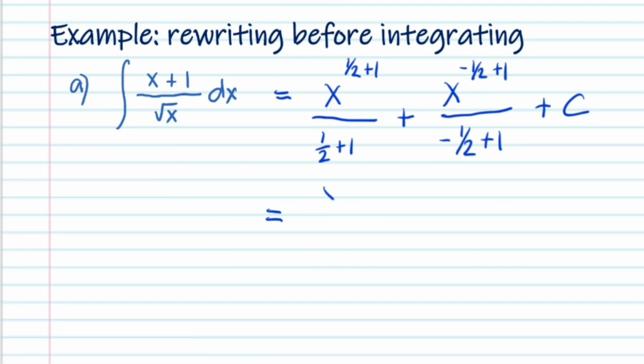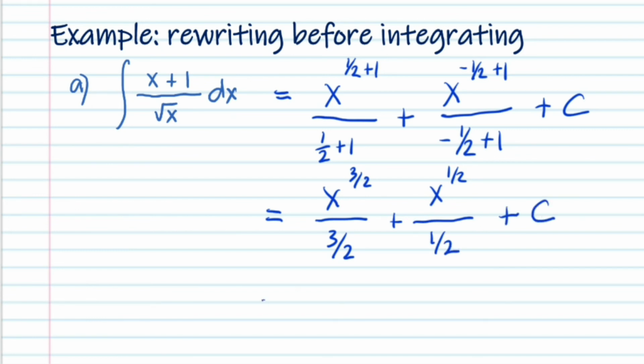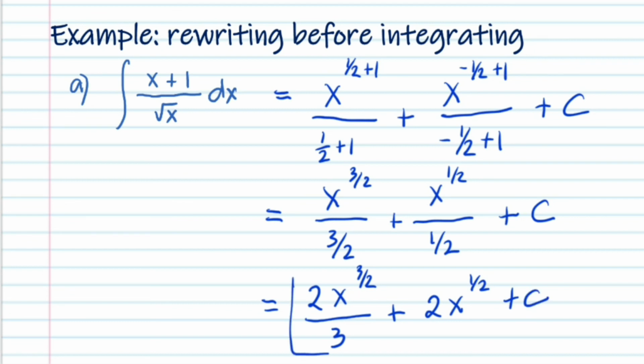So simplify, x to the 3 over 2 over 3 over 2 plus x to the 1/2 over 1/2 plus c. Simplifying, you have 2 x to the 3 over 2 over 3 plus 2x to the 1/2 plus c. This is now your final answer.